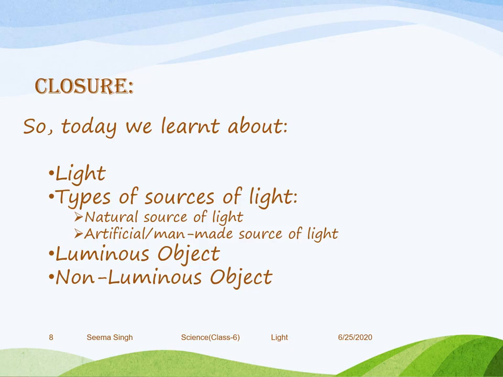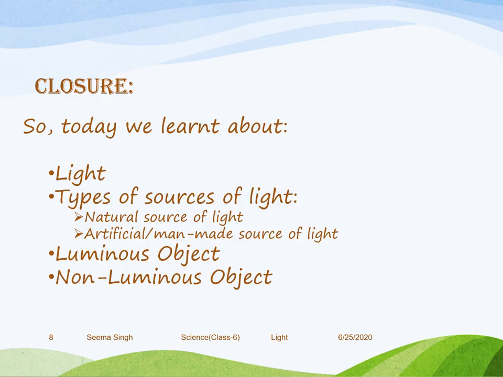Natural sources of light and artificial or man-made sources of light. Natural sources of light have light in them naturally. And artificial or man-made sources of light have light in them not naturally but artificially, being man-made.